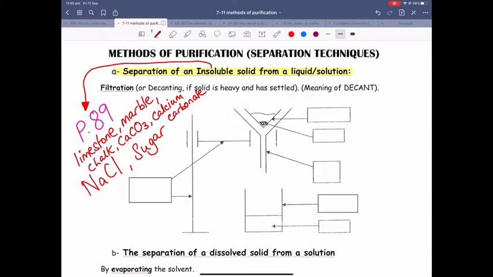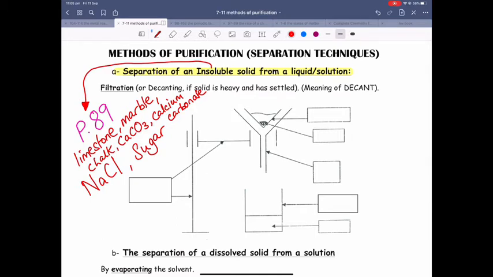Now, in a few pages' time, in the next topic, you're going to come across a certain general rule or principle, which you also might have heard of before, which is that ionic compounds are soluble in water. Okay? Now that's true in general, but there are exceptions.